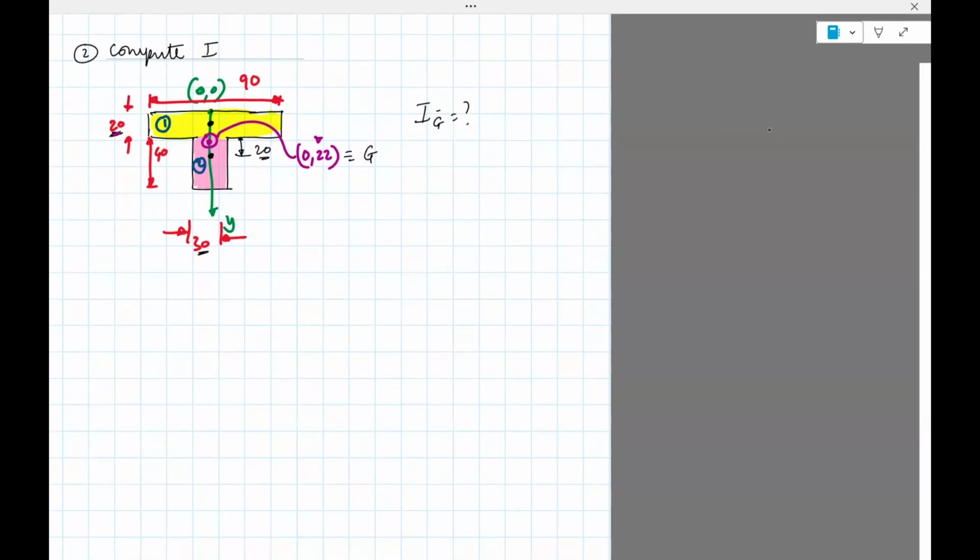Okay, so for that, we'll follow a similar procedure. We'll break it into two rectangles. The first rectangle is shown. It has the dimensions of 20 and 90.